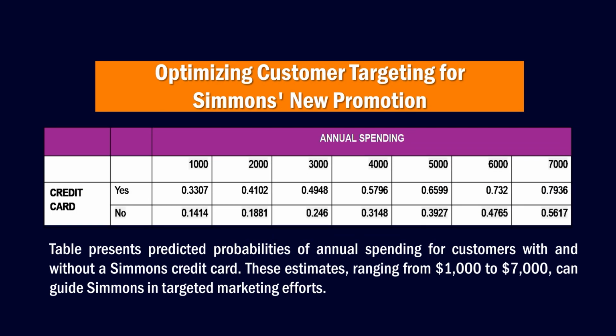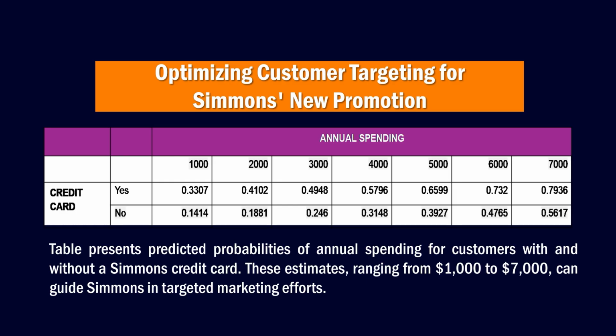As you have seen, the probability was 18.82% for those who do not have a Siemens credit card and 41.02% for those who have the credit card. Now in this table you could see we've taken the annual spendings 1,000 to 7,000, and whether they have a credit card or not is on the left-hand side, yes or no. And you could see we've given their probability of using the coupon, right?